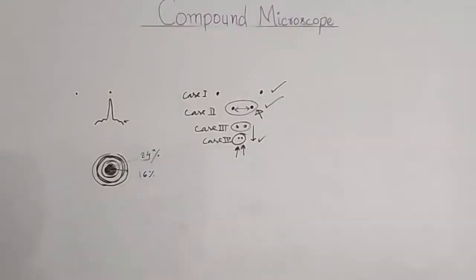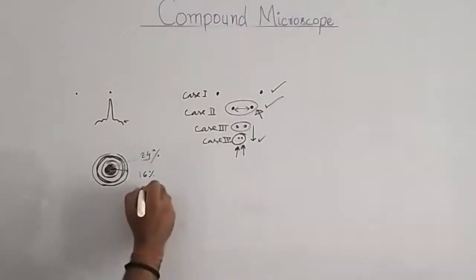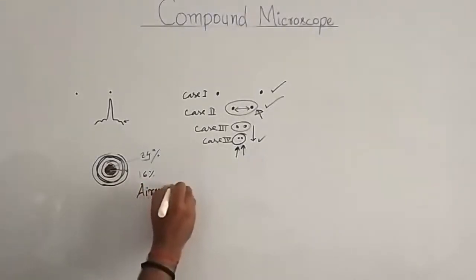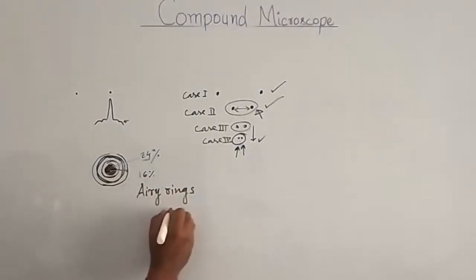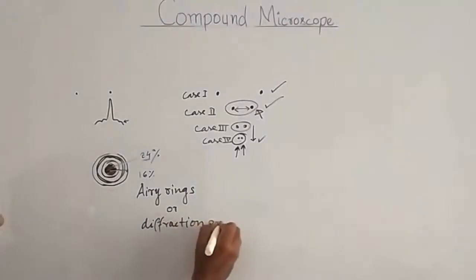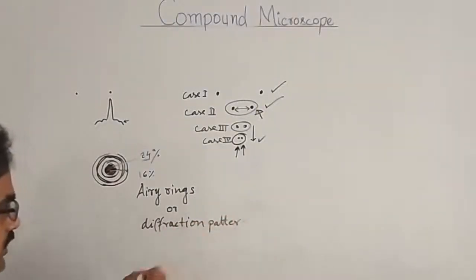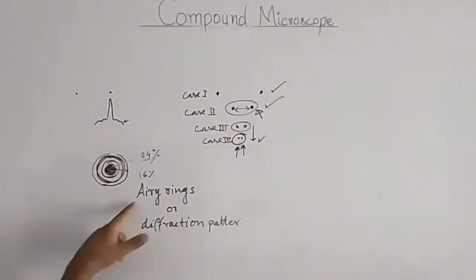Since George Airy discovered this, they are called Airy rings, which are a diffraction pattern. So these are called Airy rings or diffraction pattern.